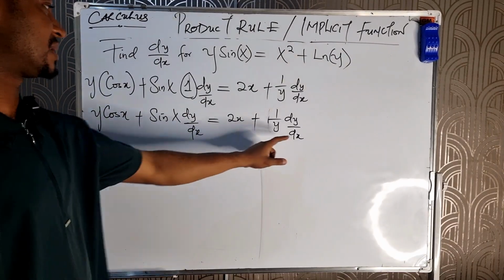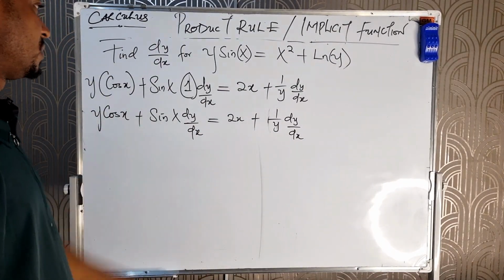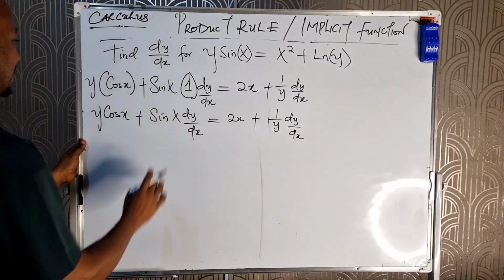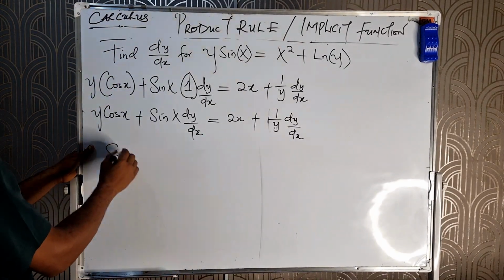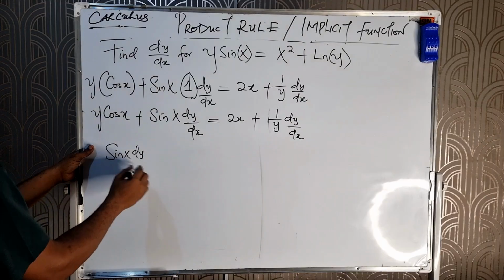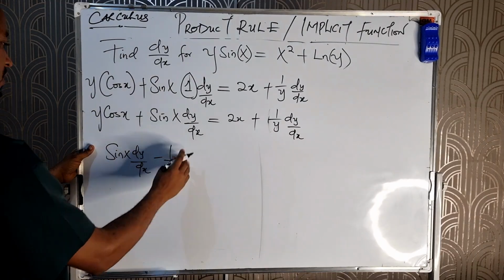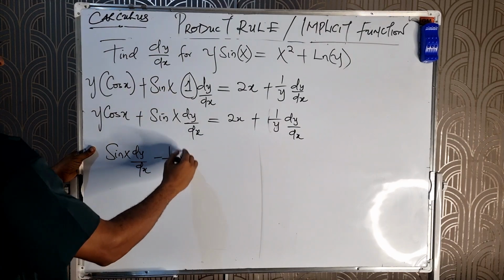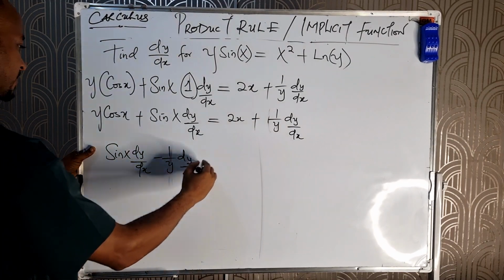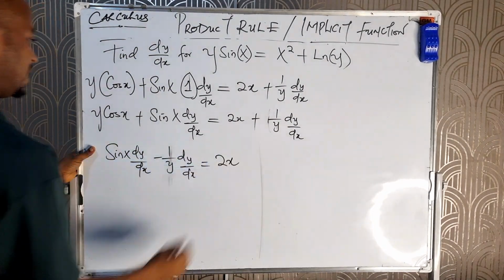I will take these two as like terms because we want to find dy/dx. So I'll group these two together as like terms. That will give us sin x dy/dx minus 1 over y dy/dx equals 2x.